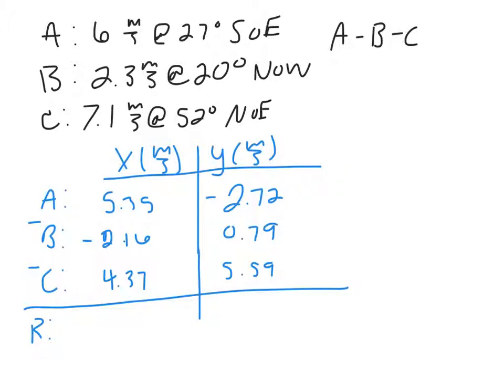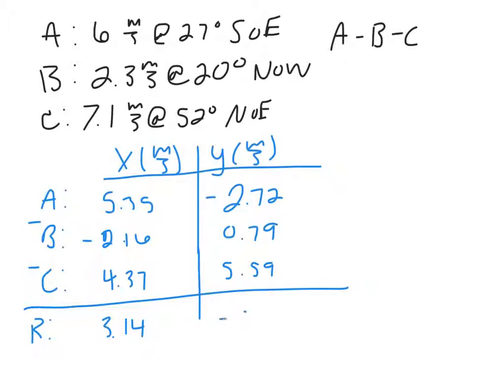So for my x components, we take 5.35 minus a negative 2.16 minus 4.37, and we get 3.14 meters per second for the x component. In the y, negative 2.72 minus 0.79 minus 5.59.